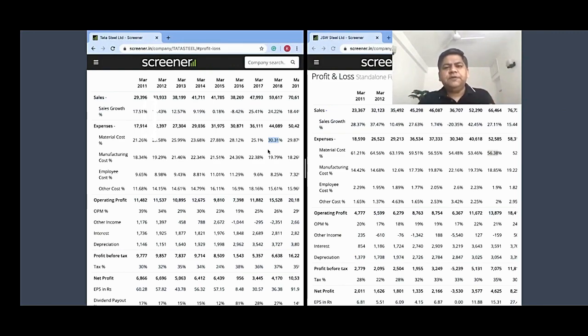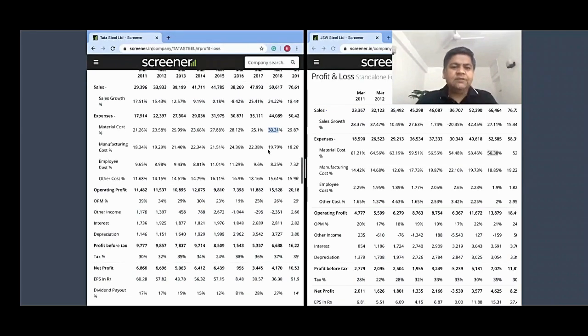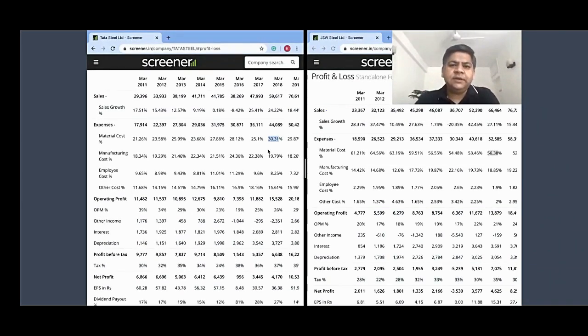So when you are selecting one good apple, this kind of relative comparison is something you can do using the profit and loss statement. I don't want to get into a very detailed lecture on what all heads you can compare, but certainly everything showing on the screener, you can go and identify and get into more detail if you really want to be a value investor, one who picks up companies with their own conviction, looking at the strength of the companies.